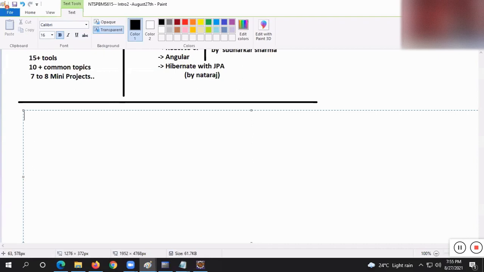I'm against that kind of model. Everything we learn, we learn with respect to the project angle. Every tool, every concept, every topic, we will relate with the project. Sometimes I say this topic is for time pass, we are learning it for interview, not that popularly used in industry. Sometimes I say this is most important, almost every project requires it.